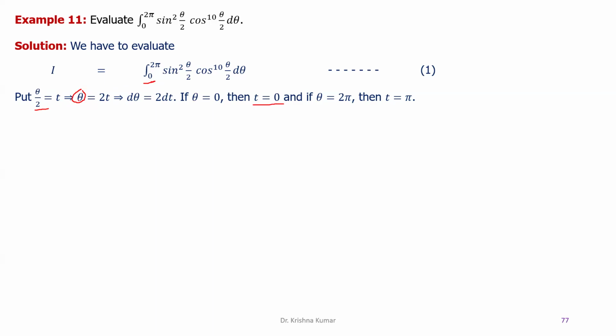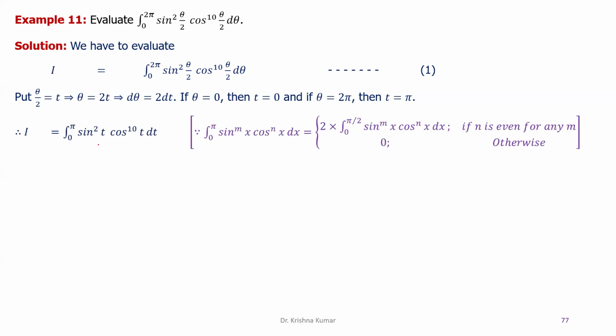But if theta is equal to 2 pi, then 2 pi is equal to 2t, so 2 will cancel and t is equal to pi. So the integral becomes I is equal to integration of sine to the power 2t into cos to the power 10t under the limit 0 to pi.